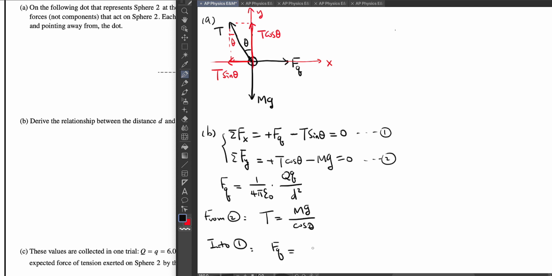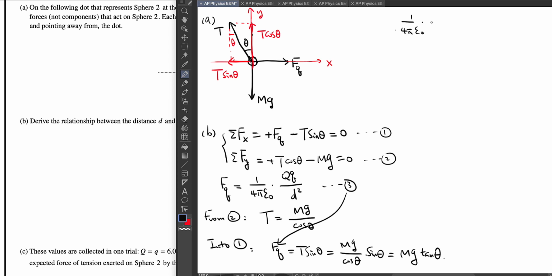Fq equals T sine theta, which is then given by mg over cosine theta times sine theta. So that's mg tangent theta. Okay, so let me substitute in equation 3. Equation 3 substitutes into here. We have 1 over 4 pi epsilon naught Qq over d squared.